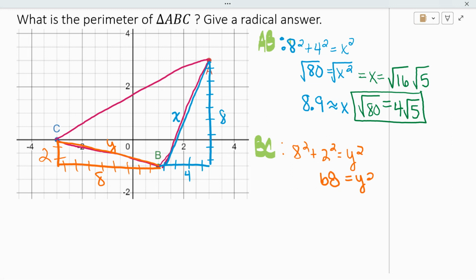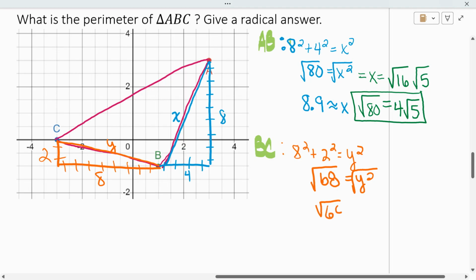Okay. So can we break that up at all? Is 68 divisible by 4? Because 4 is a perfect square. What is 68 divided by 4? So the square root of 68 is the same thing as the square root of 4 times the square root of 17.